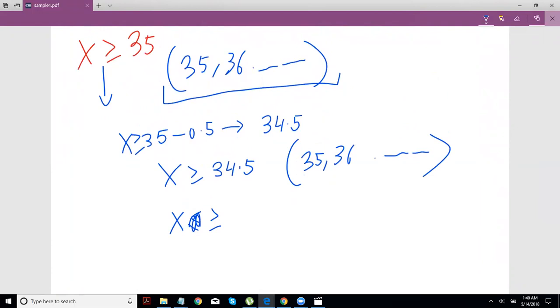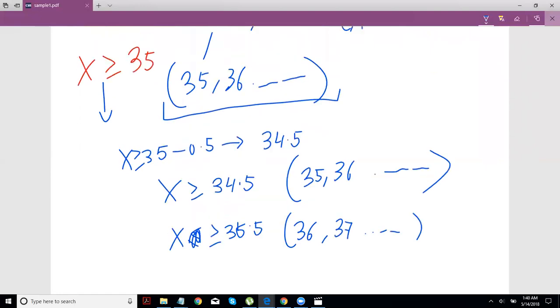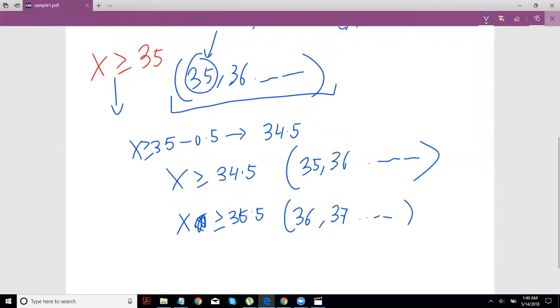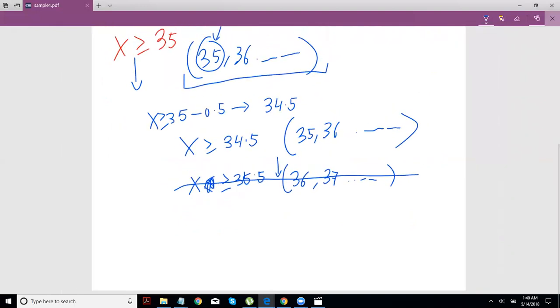If I was to add in this case, that would give me 35.5. Now this would be incorrect. Why? Because this would be valid for 36, 37, and so on. It would miss out the integer 35, which is required. It was there in our initial set of integer values for which x was valid. Here it's not there, so this would be an incorrect continuity correction.